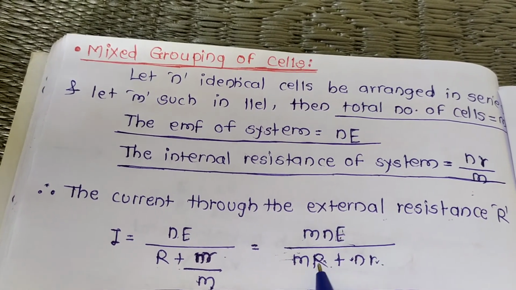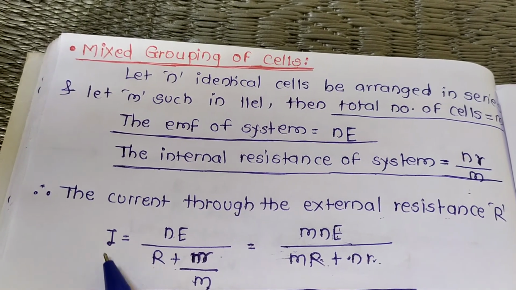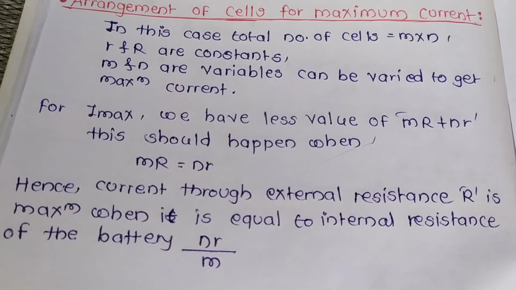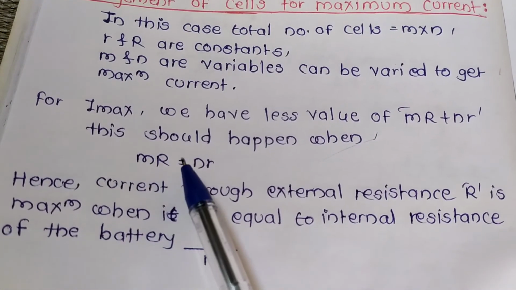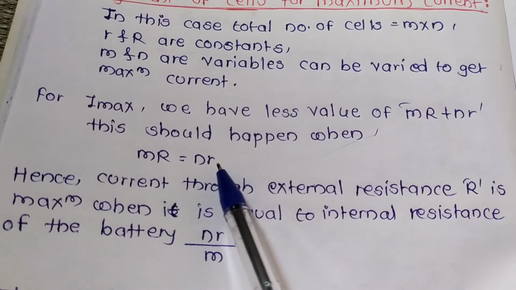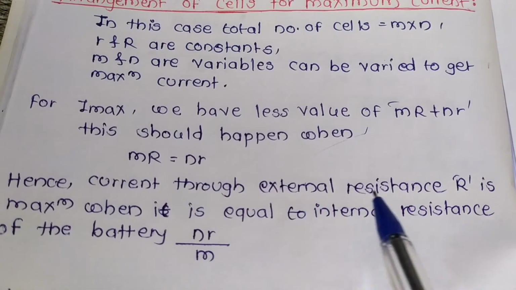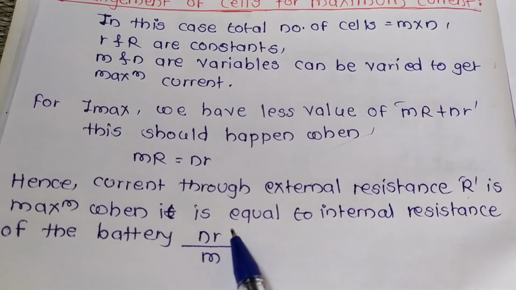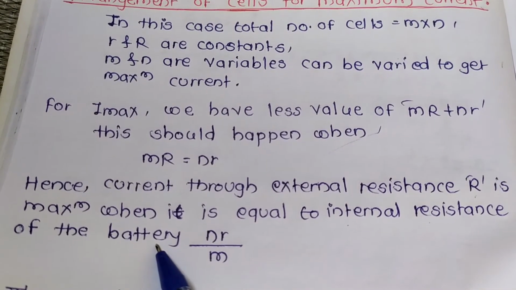If m R plus n r is less, then we get I max. Okay. This should happen when m R is equal to n r. Hence, the current through the external resistance R is a maximum when it is equal to the internal resistance of the battery.